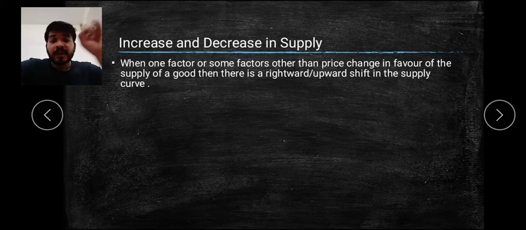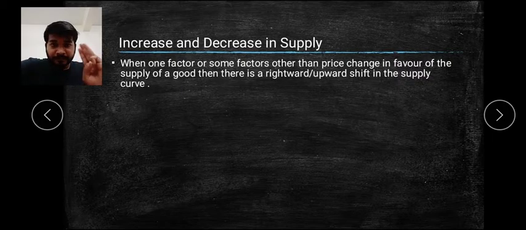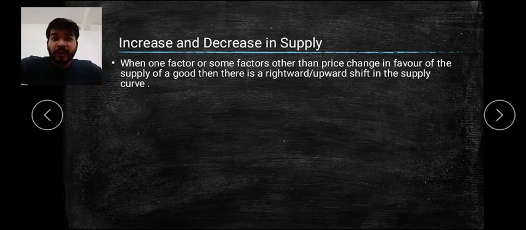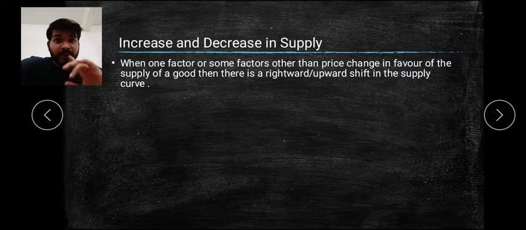It means that level of technology, cost of factors of production, expectation regarding future prices, or government policies are in favor of supply. At that time it shifts towards the rightward direction. Price is constant. Remember that price remains constant, because here it is not affected by price. Other factors are affecting the supply.